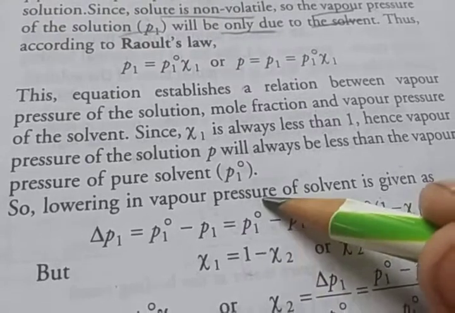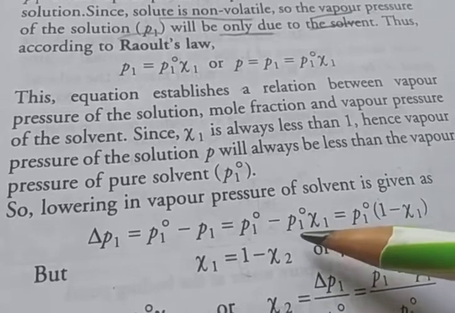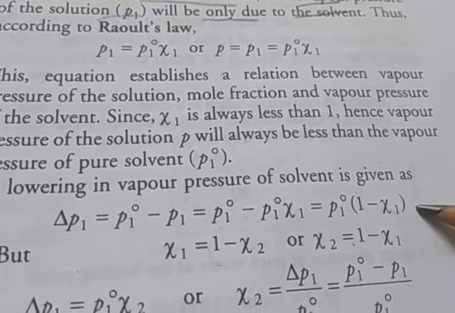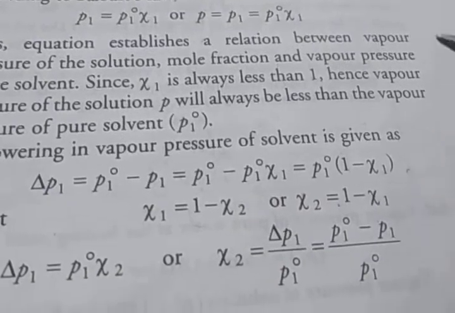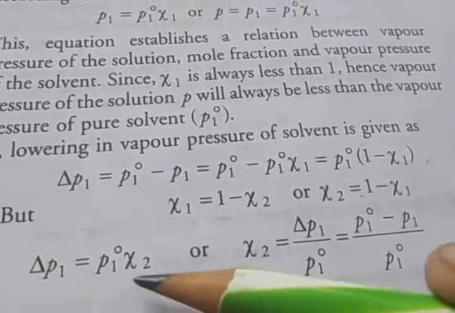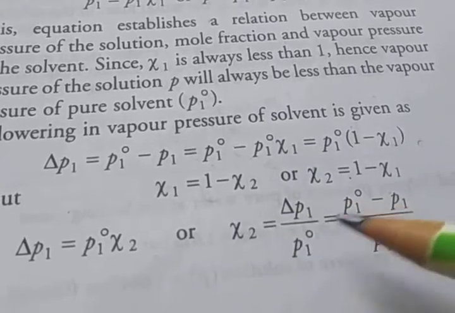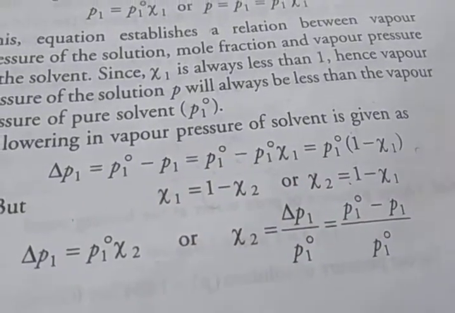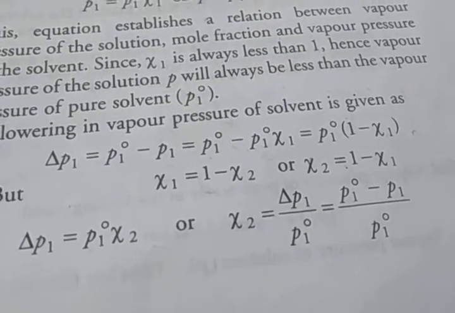Putting P1 = P1° x1, we take P1° common: ΔP1 = P1°(1 minus x1). Since x2 = 1 minus x1, ΔP1 = P1° x2. So x2 = ΔP1 / P1° = (P1° minus P1) / P1°. This is the formula for the mole fraction of the solute.